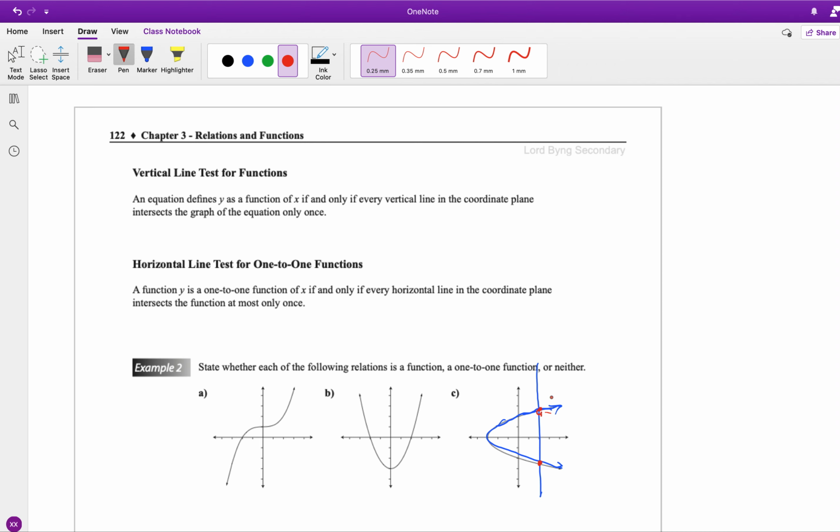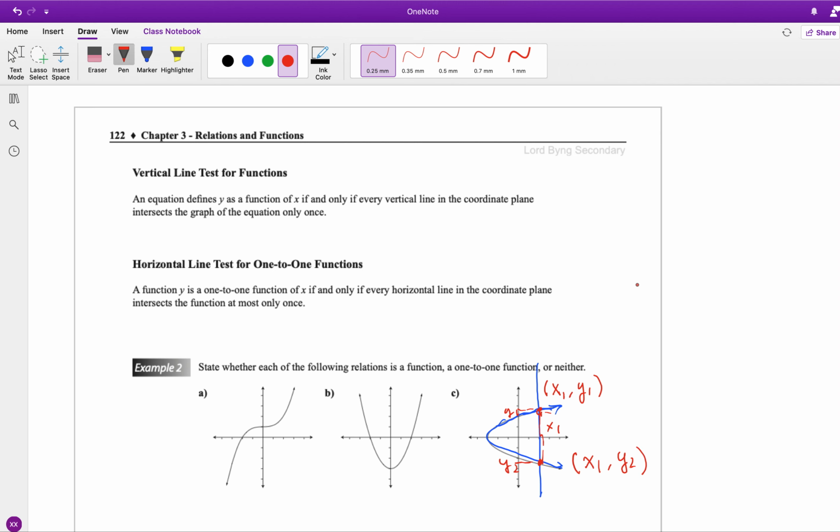For this point, you take a look at the x value. Supposedly we say the x value is x1 and the y value is y1 here. So you got x1 and a y1. Now this point here has the same x value, x1, but the y value is y2. So this dot has the same x1 and a y2.